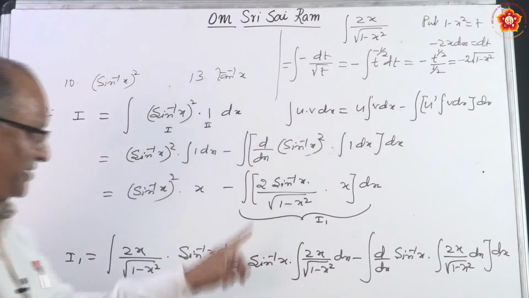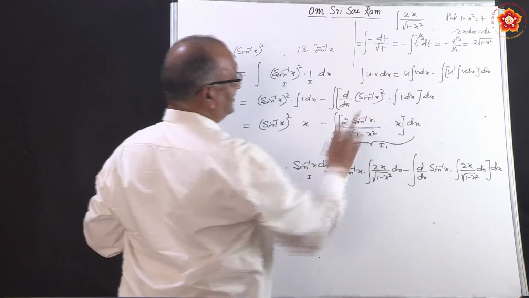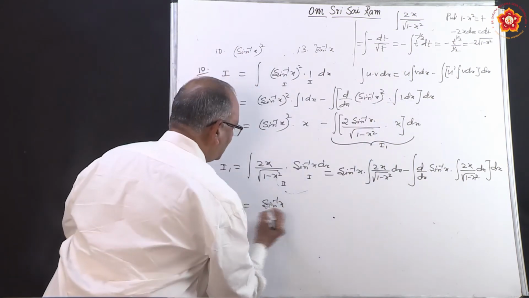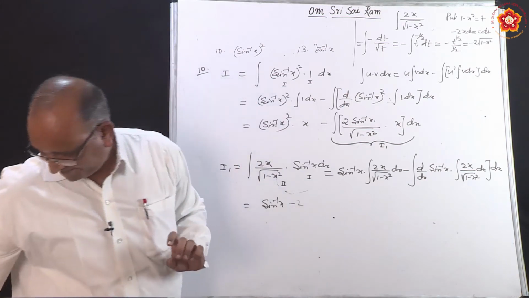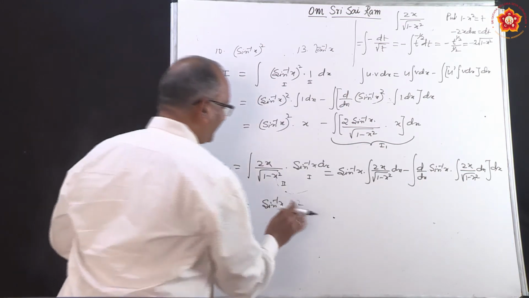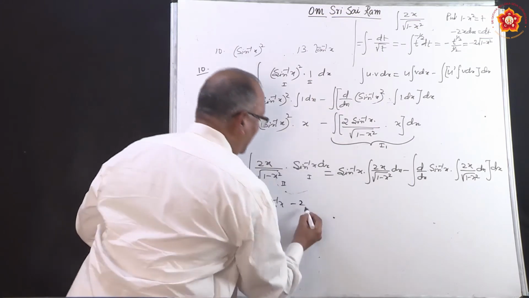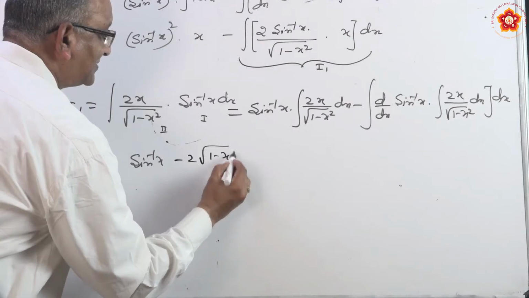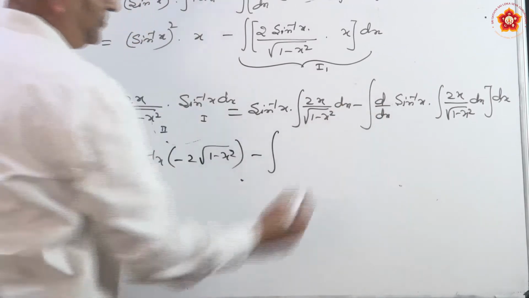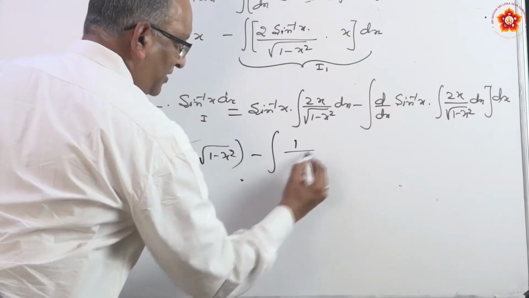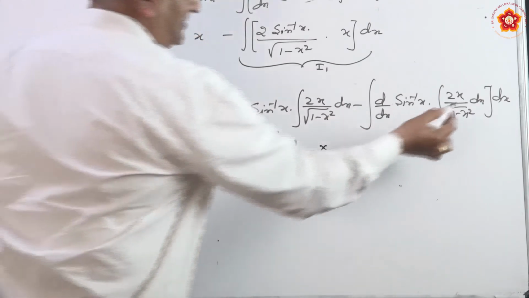Substitute that value here. So, remember the integral of 2x upon under root of 1 minus x square is minus 2 under root of 1 minus x square. Minus integral of d/dx of sine inverse x, 1 upon under root of 1 minus x square, into the same thing.